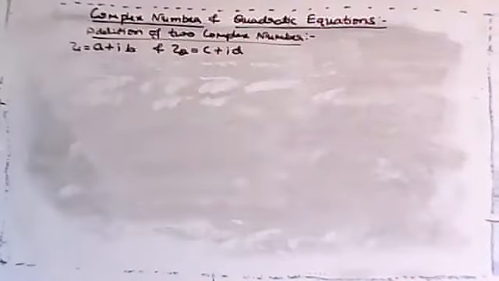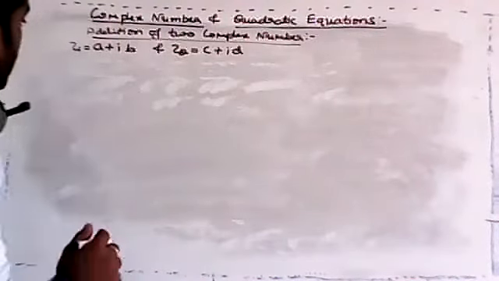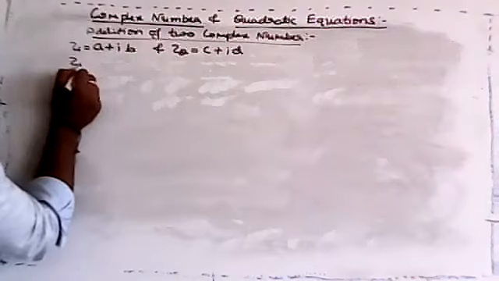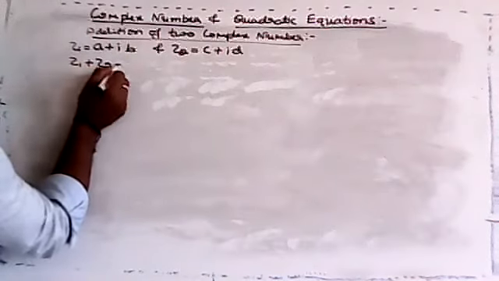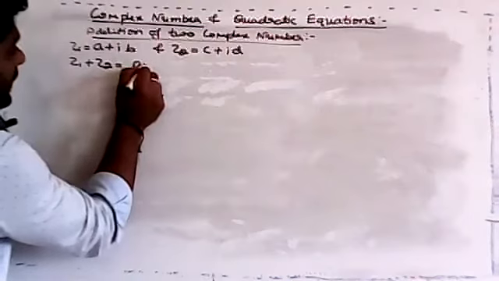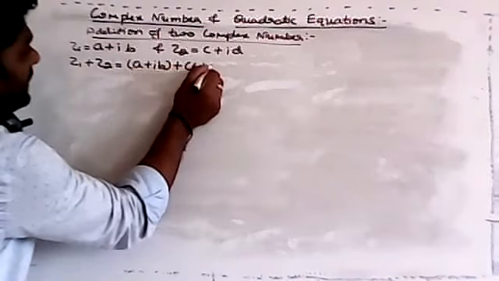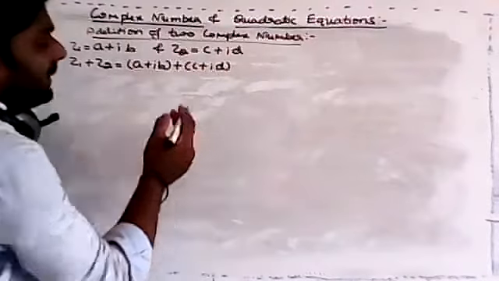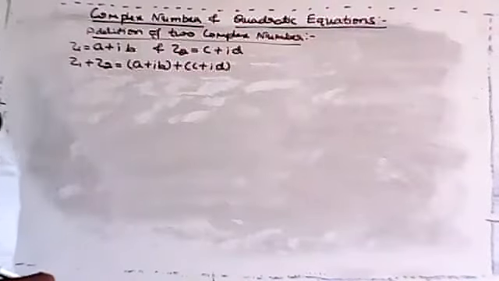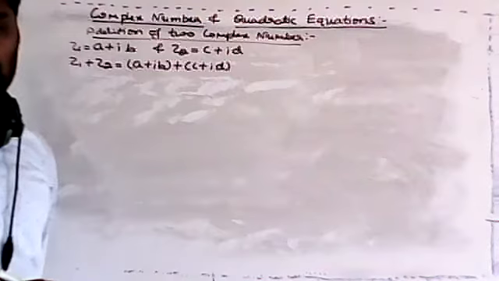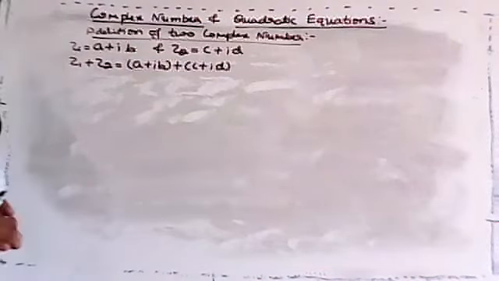So we have to add them, z1 plus z2. I'm taking a plus ib plus c plus id. So separate the real and imaginary parts here. In the next step, I'm writing that one.